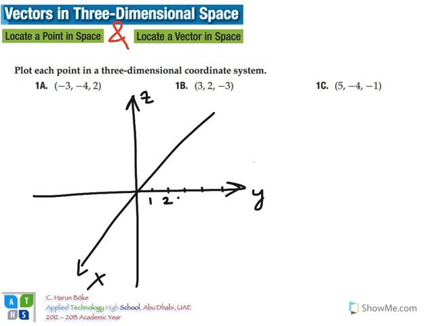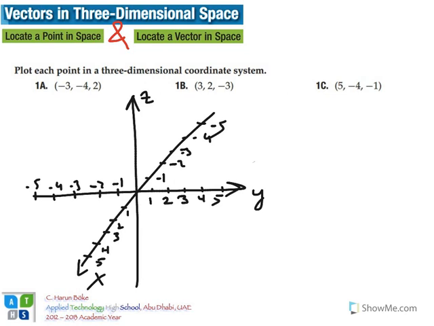So this is 1, 2, 3, 4, 5, let's say, and here it is 1, 2, 3, 4, 5, and the negative parts are over there, minus 1, minus 2, minus 3, minus 4, minus 5, and so on, and minus 1, minus 2, minus 3, minus 4, minus 5.